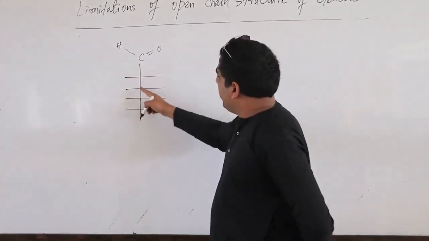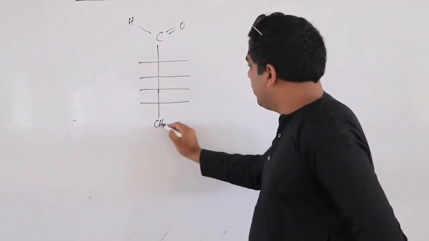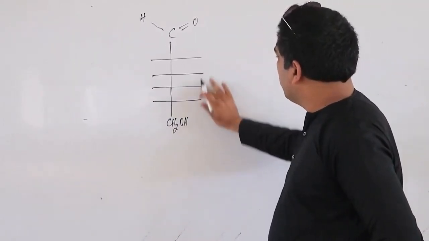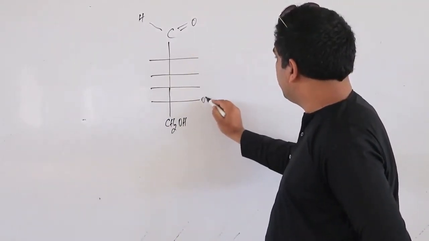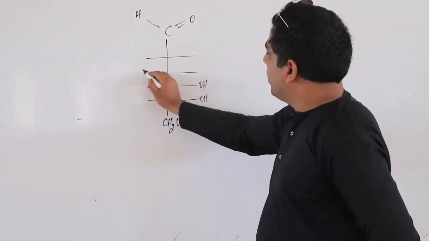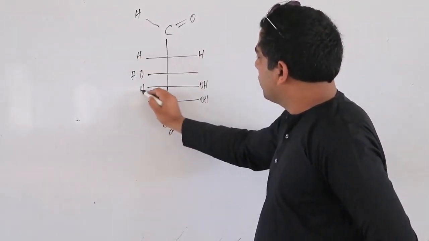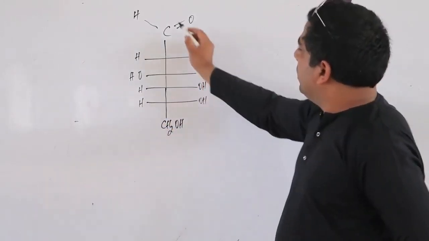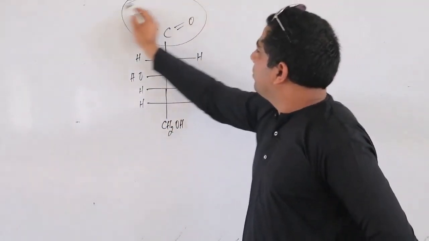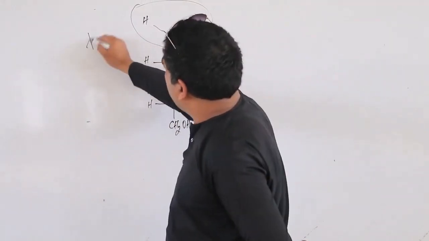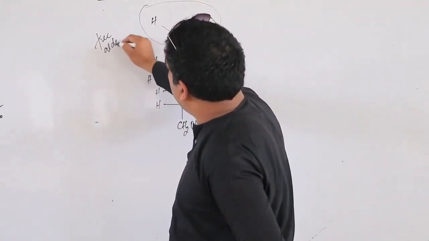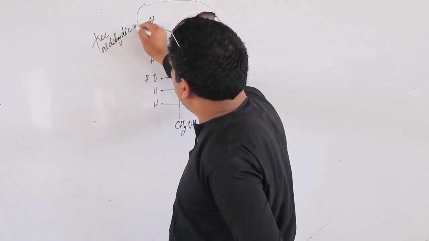So 1, 2, 3, 4, 5 and 6 CH2OH. Third carbon has OH group on left side, which I have told you. This aldehyde group is free. So this is free aldehyde group.